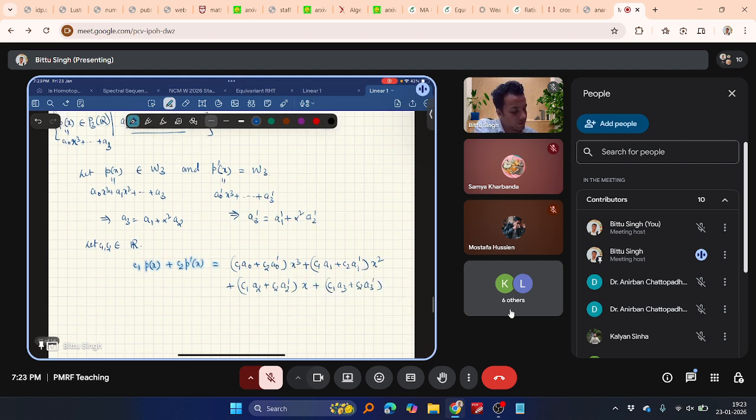So this will be the addition of those two polynomials. This is also called a linear combination.